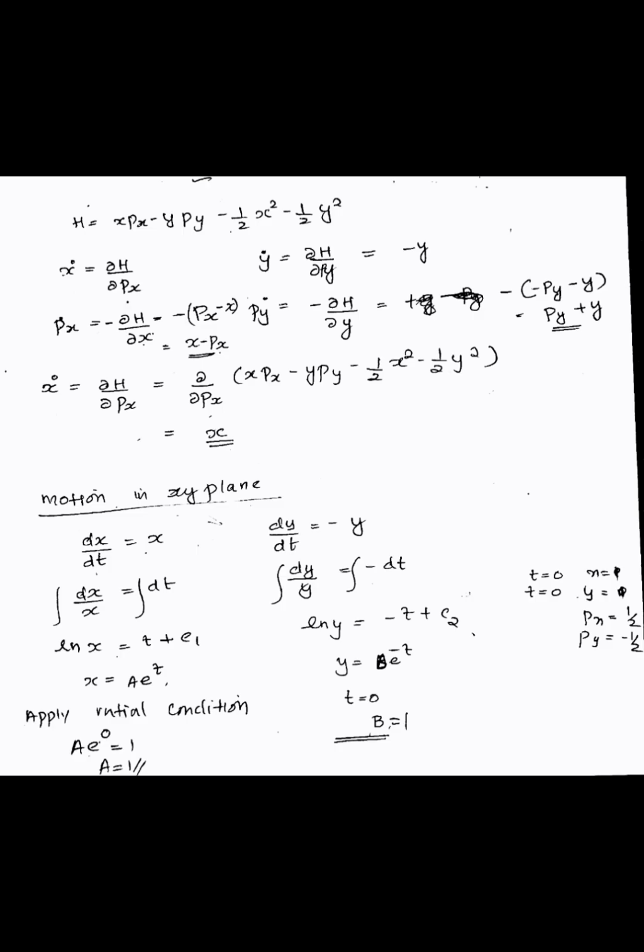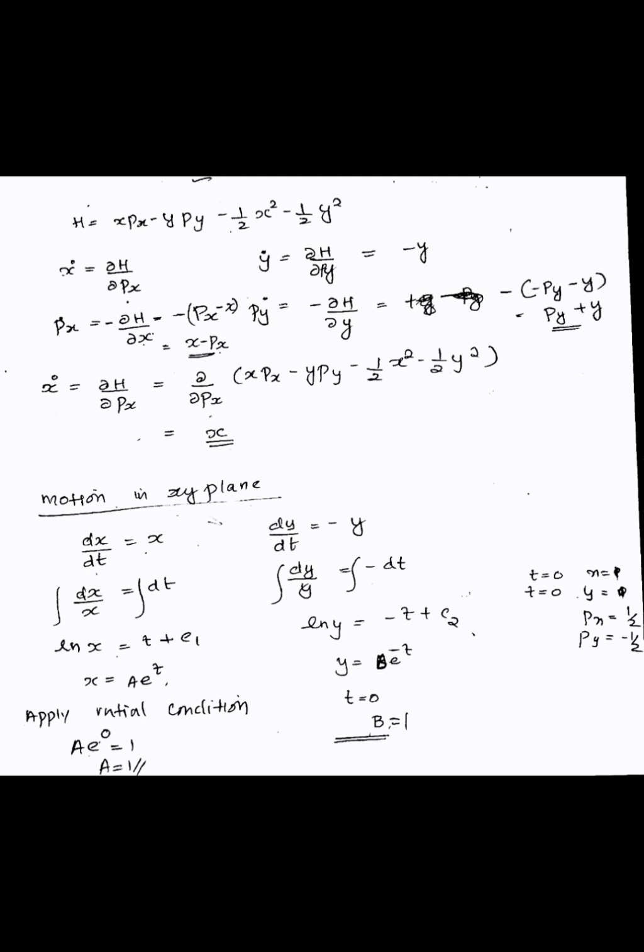Here, by the boundary condition given in the question, at t is equal to 0, x is equal to 1, and at t is equal to 0, y is also 1. So, applying this initial condition in x is equal to a e raised to t, we can write a e raised to 0 is equal to 1. That is a is equal to 1.